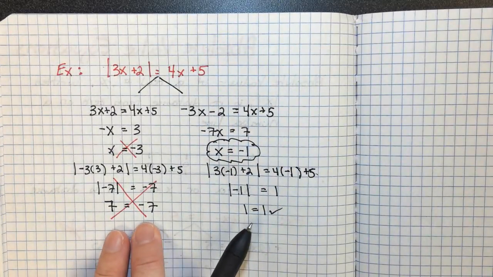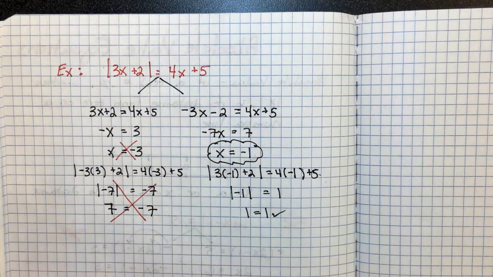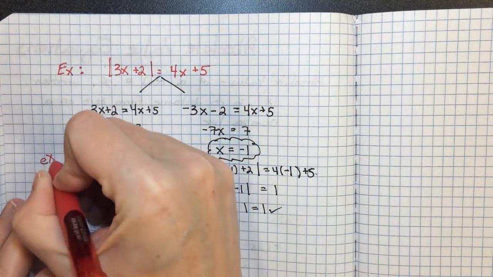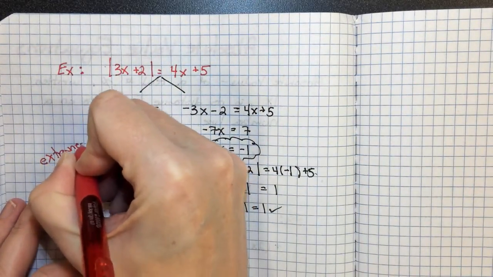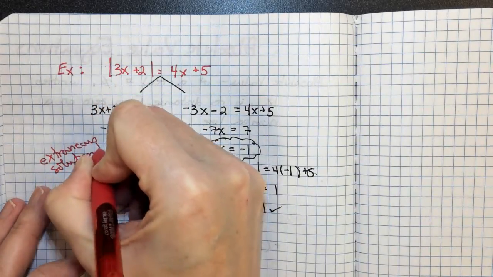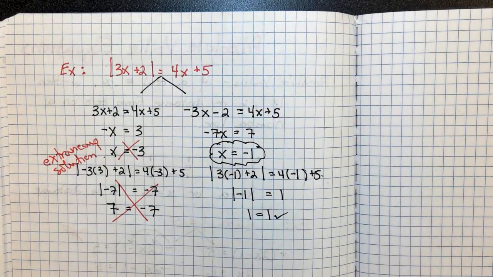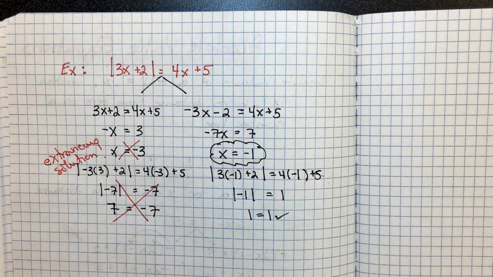I just happen to know this one was not going to work for sure, and I wrote out what I did. This is called an extraneous solution. All right? So we want to make sure that on extraneous solutions, we get rid of those guys because we don't want them hanging around.